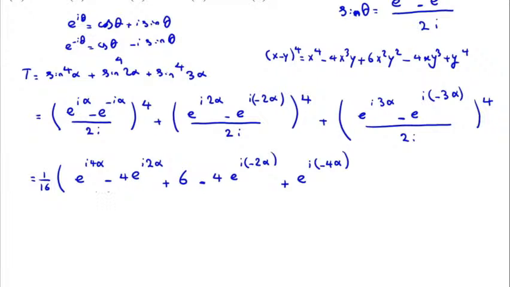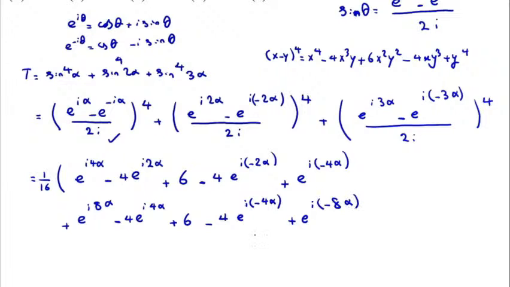Now, this one we've calculated, plus the next one. You should only multiply by 2. It will be 8α because α will change to 2α. Minus 4 e^(i4α) plus 6 minus 4 times e^(i(-4α)) plus e^(i(-8α)).